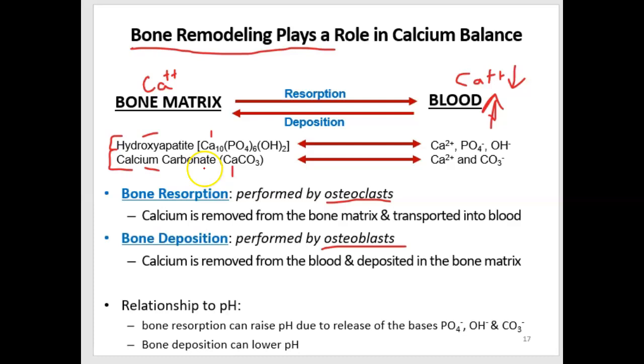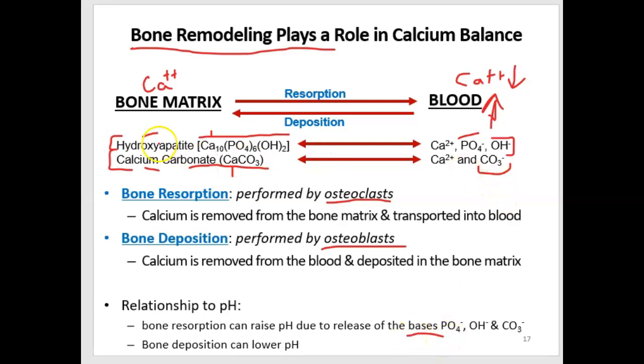Notice that if we break down calcium carbonate or we break down the hydroxyapatite, you will have other things released, not just calcium, like phosphate, a hydroxyl group, a carbonate group. These are all bases.